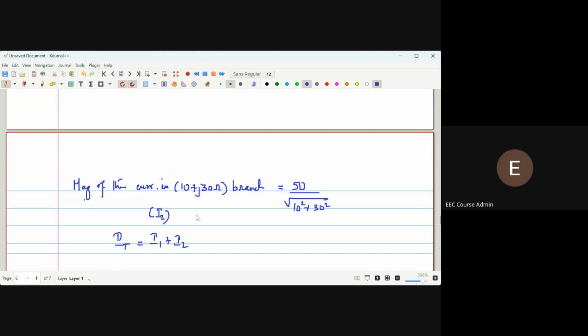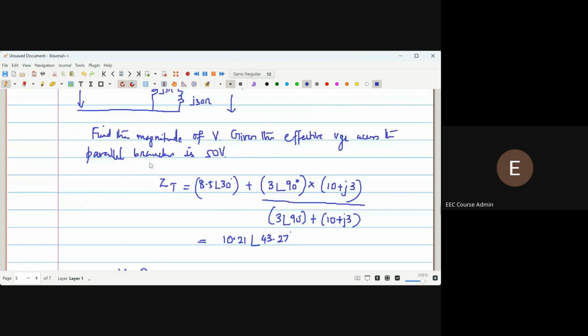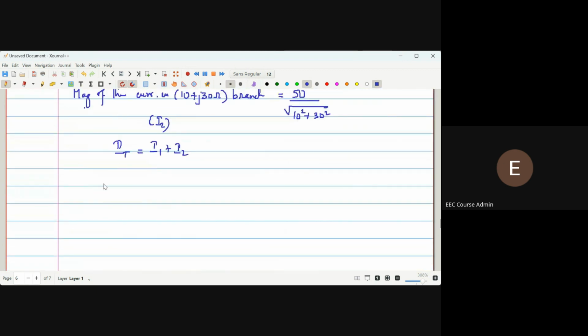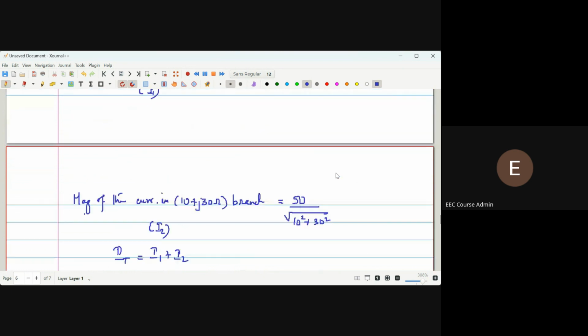Then V will be this I total into Z total. Z total we have just now computed. So with that you can calculate the magnitude of V. Let me just write these values here. You can calculate later when you refer to it offline for future learning. You can also do it as homework and check with the answers. We are just discussing here right now.